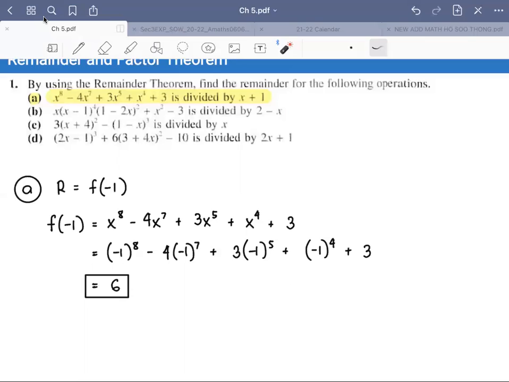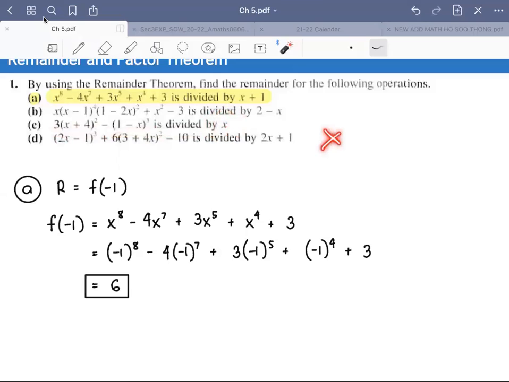Now, how about letter C? For letter C, this is the question: 3 times x plus 4 squared minus 1 minus x cubed is divided by x. So what is your function if it's x? It's only x. Again, make x equal to 0, right?